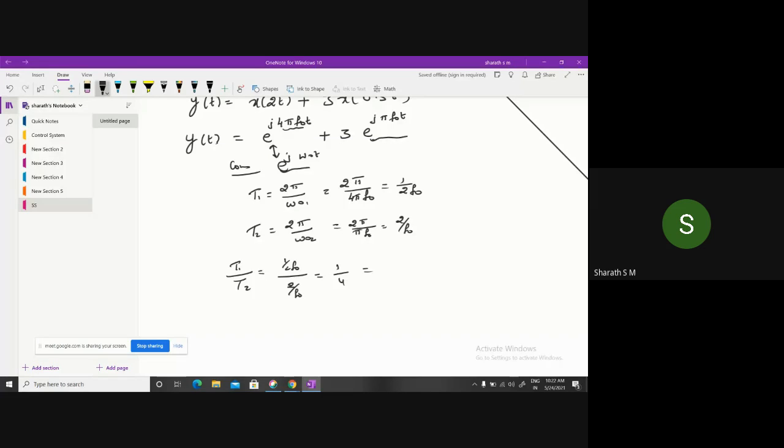So it's a rational number, so y of t can be concluded to be a periodic signal. And the total fundamental period is T naught is equal to T1 into the LCM, that is 4. So T1 is 1 by 2 f naught into 4, that is equal to 2 by f naught. That is the total fundamental period.